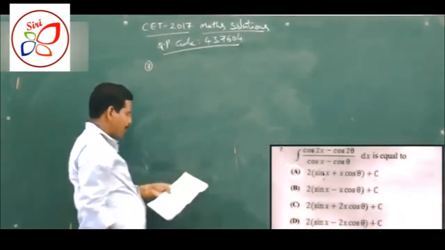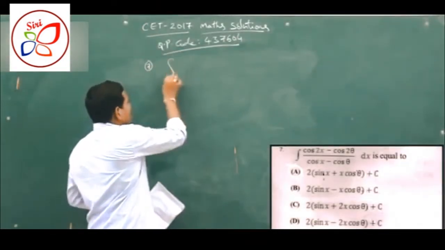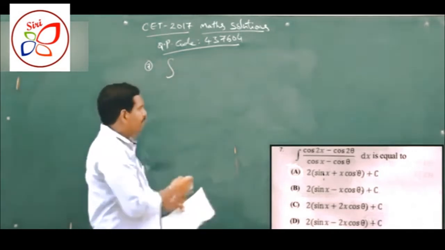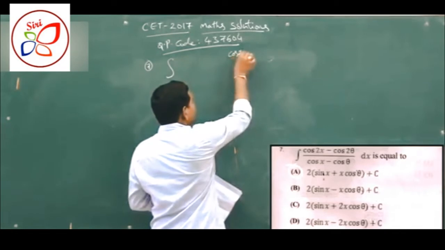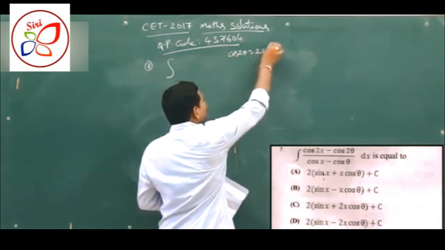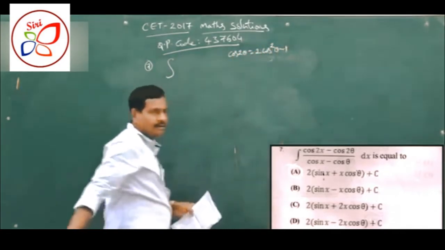Question number 7. Integral formula for cos 2 theta in terms of cos theta is 2 cos square theta minus 1.